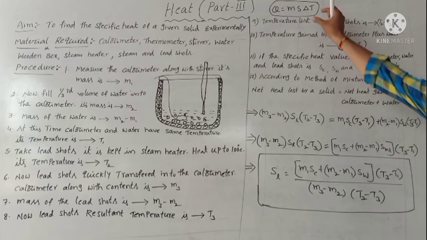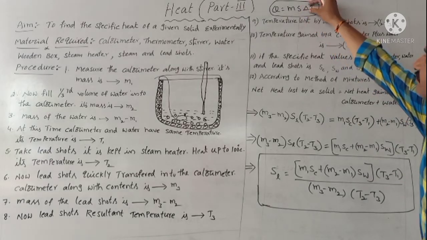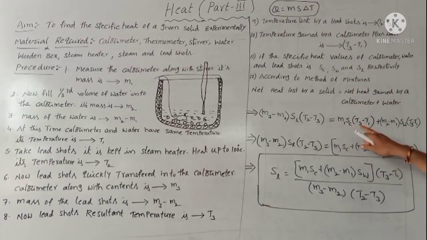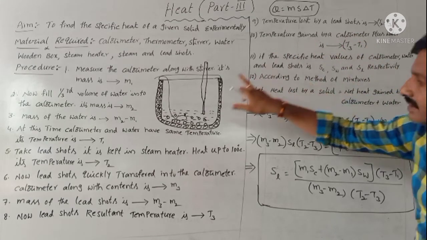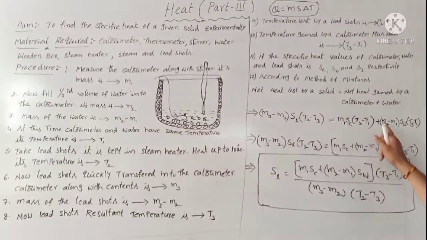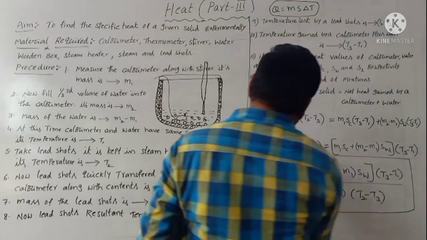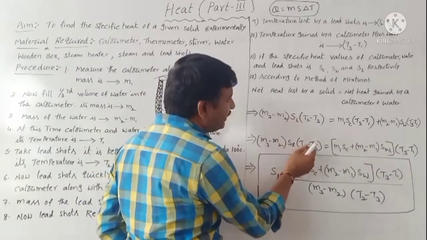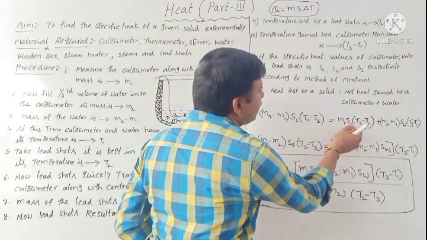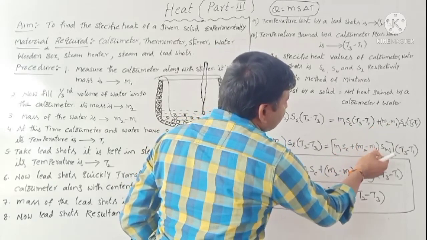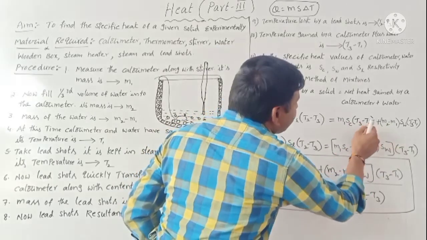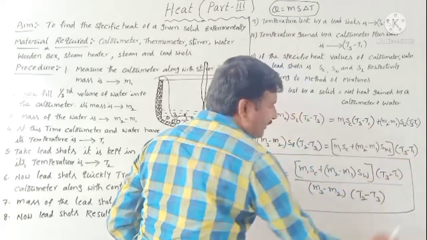So we substitute again: M1 SC into T3 minus T1, plus, for the water, the mass of water M2 minus M1 into the specific heat of water SW and the temperature gained by the water, T3 minus T1. So M3 minus M2 times SL times T2 minus T3 is equal to M1 SC plus M2 minus M1 times SW, taking T3 minus T1 common.